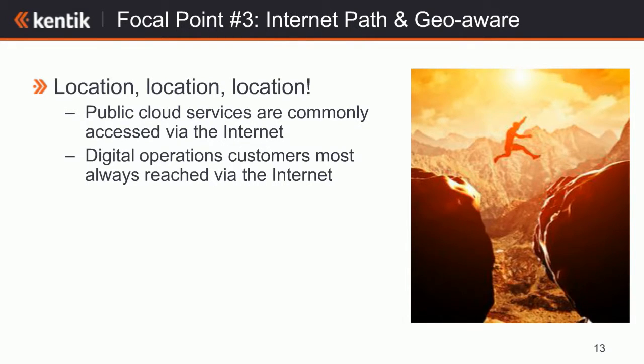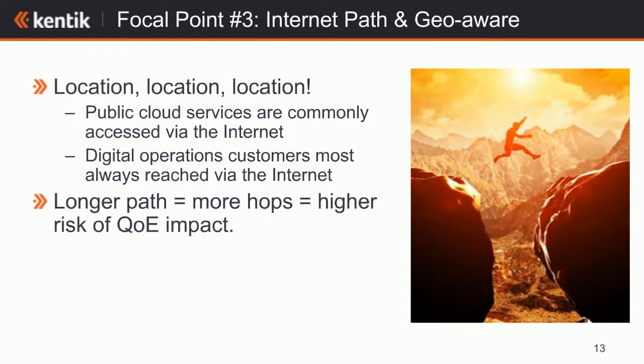If you've got digital operations and you're a digital business and your business is based on your customers reaching you across the internet, you have a huge, huge level of dependence on that internet connectivity being up and reliable and high performing. So you have to really start thinking about how you get that view into the internet path between you and your cloud services or you and your customers, to a degree that in the past, most people were able to just sort of blissfully ignore it.